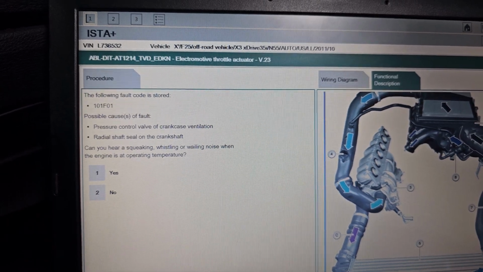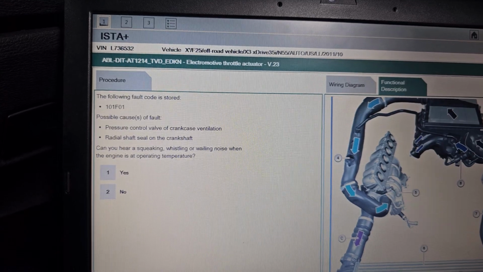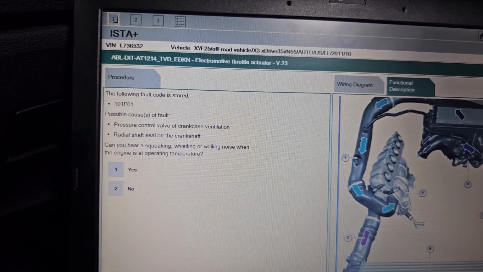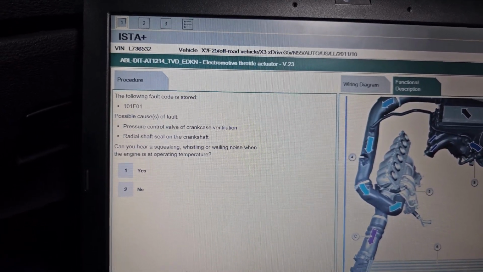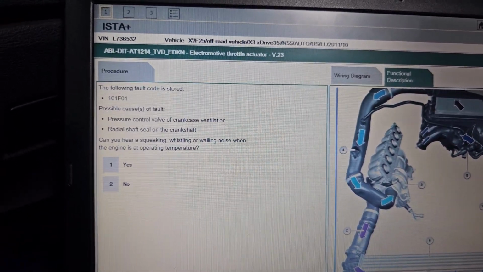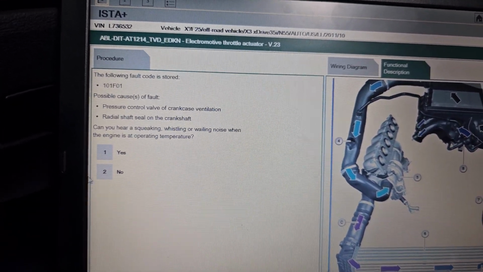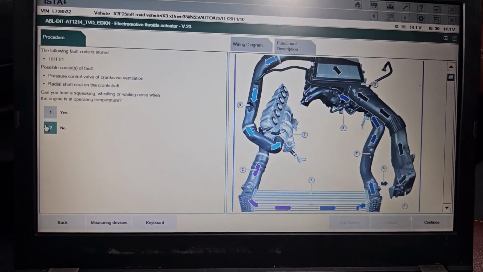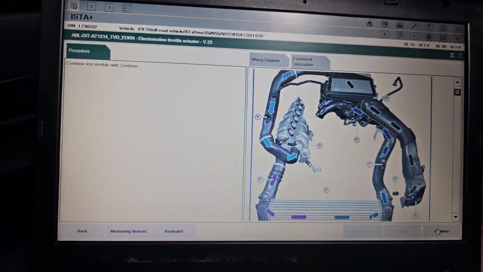Pressure control valve of the crank ventilation, radial shaft seals on the crankshaft. Can you hear squeaking, whistling, or wailing noise when the engine is running? Okay, no. So maybe there is an intake manifold leak. Continue.